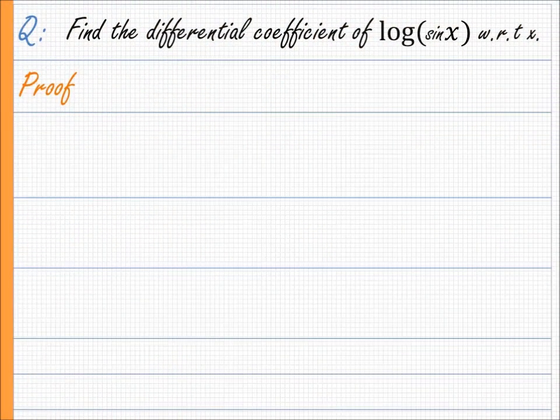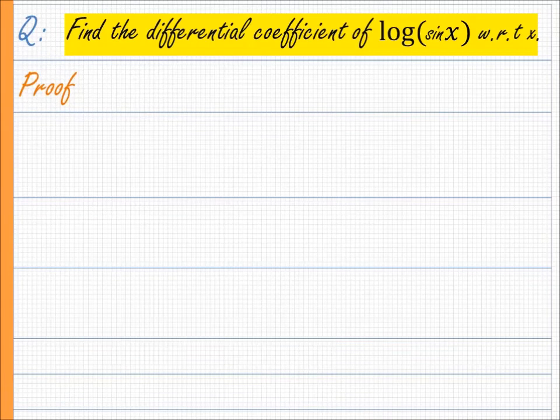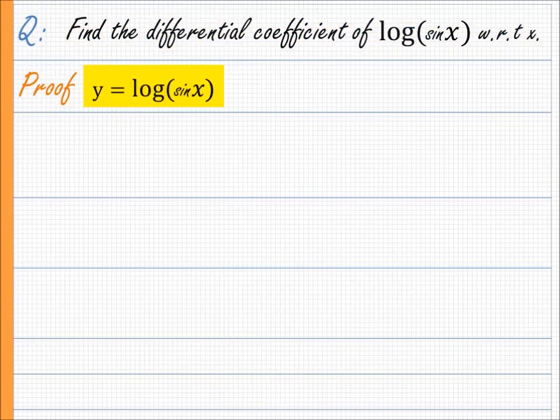Now let's solve one more question for finding the differential coefficient of a function with the help of the chain rule. Differentiate log of sine x with respect to x with the help of the chain rule. Suppose y is equal to log of sine x.